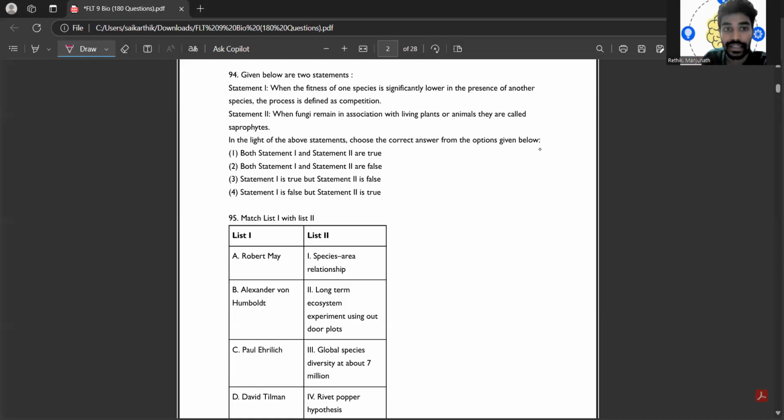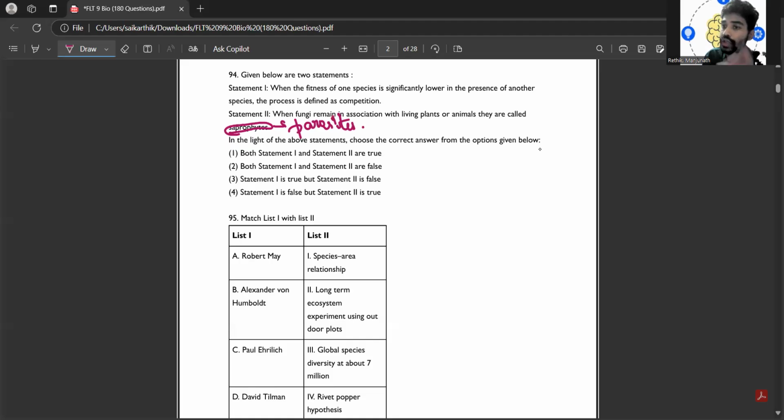No, because when a fungus lives in association with other plants or living animals, instead of saprophytes, it is called the parasitic mode of adaptation. So parasites, right?